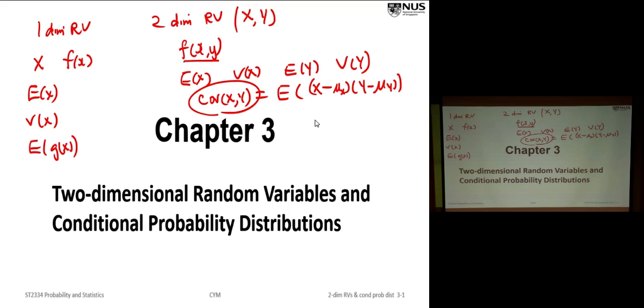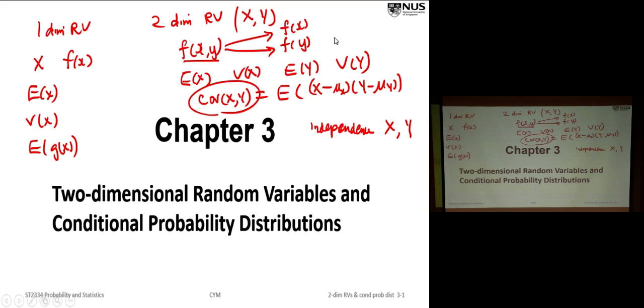Then, what happens if one variable has nothing to do with the other variable? That is the concept of independence. So we talk about independence of x and y. In fact, we also have marginal PDF.